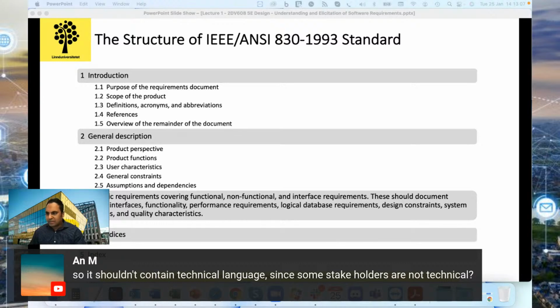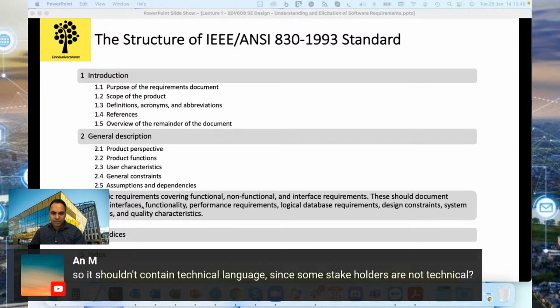I might have missed which part of the lecture this question was for, but yes, since you know that they might have user requirements, system requirements and so on, you might organize your requirements document in a way that some parts could be useful for non-technical people, let's say when you are talking about product functions or general constraints, but some parts could be dedicated to technical people.